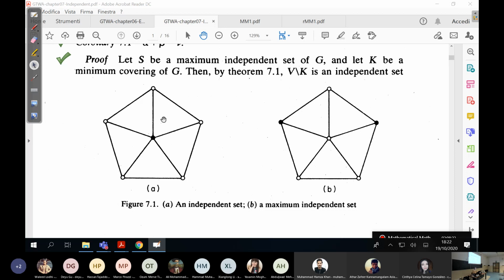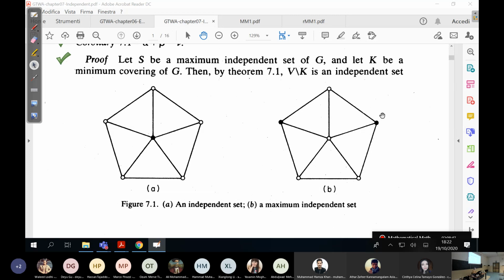So even if it's very far from being a maximum independent set, still it is maximal in the sense that there is no independent set in the graph containing it properly.